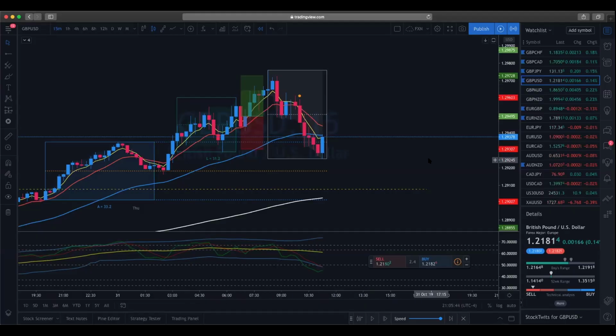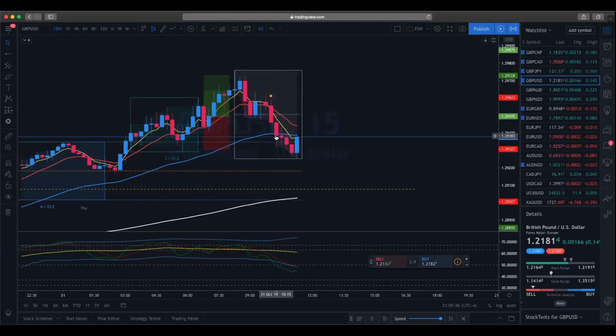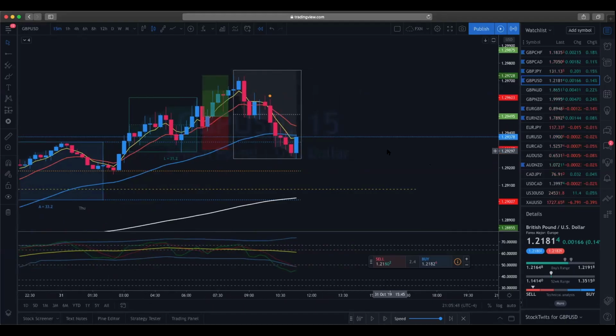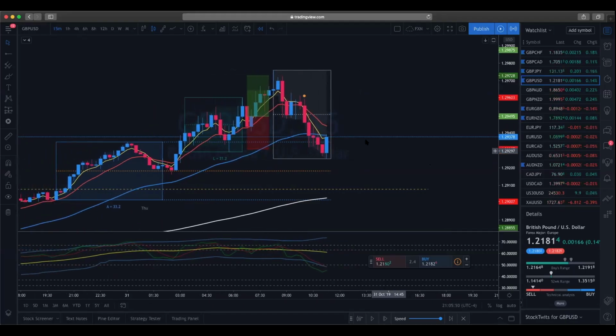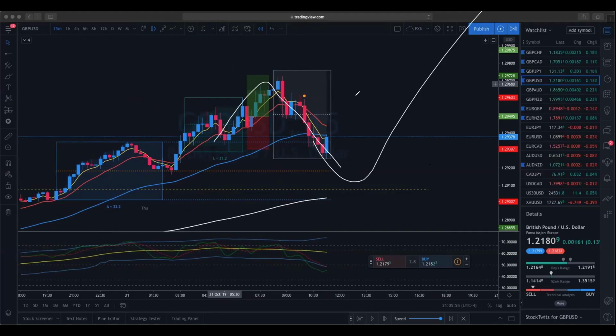Well, your bias should be long because you're in a trending cycle, but these reversals are going to happen. Remember when I tell you guys you can take a reversal trade as long as you know that the bigger picture is to go higher.